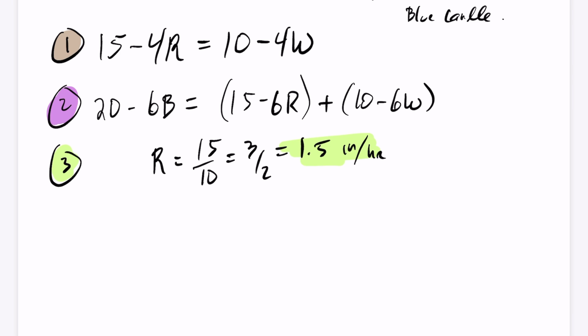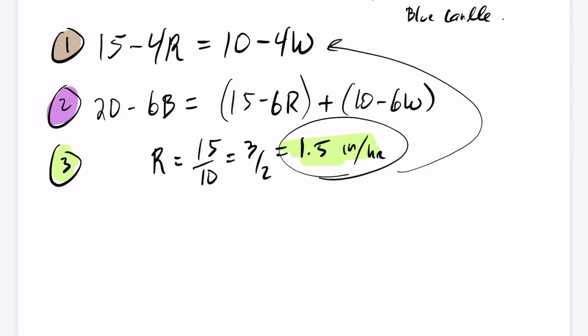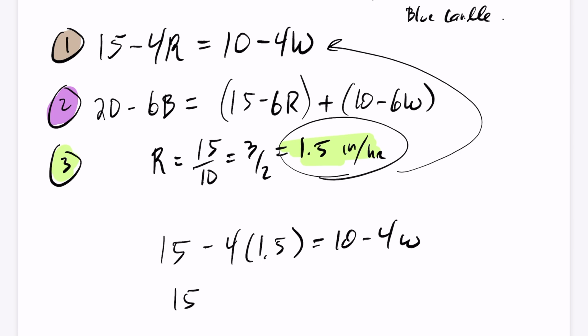So let's go ahead and take a look at what we have here. Now that I have that value, I know that my R is 1.5 inches per hour. You can make a quick observation. I could sub this into equation 1, and therefore I have 15 minus 4 times 1.5 is 10 minus 4W, in which case I get 15 minus 6 equals 10 minus 4W.